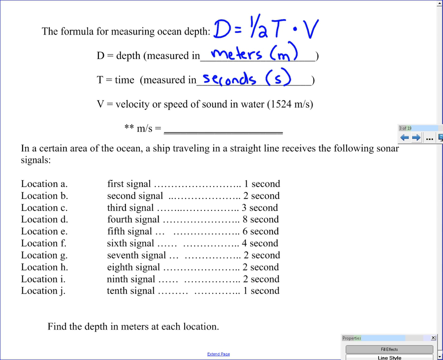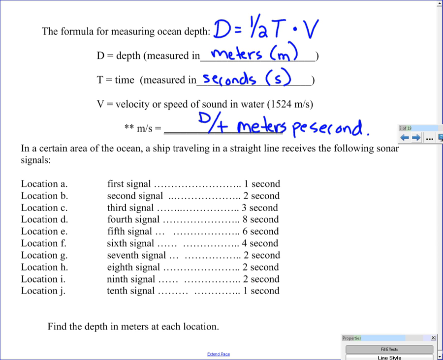Velocity is V, also known as the speed of sound in water, which I just told you was 1,524 meters per second. So meters per second basically means that you took that by taking D divided by T, also known as meters per second. So far, so good?